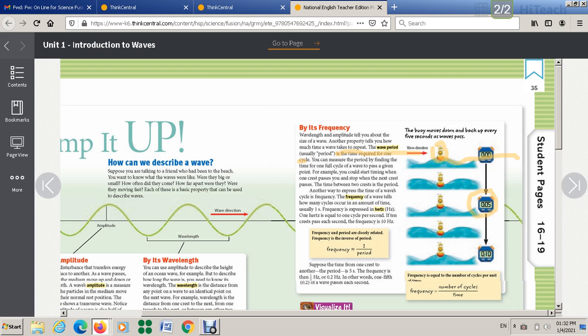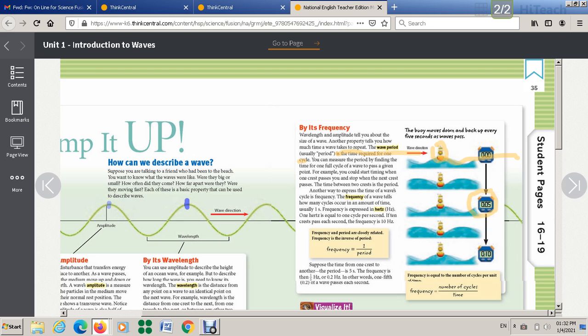For example, I'll give you another example about how to find the period. There is an object here. For this object to complete the full cycle and reach this point here, the time required is called what?